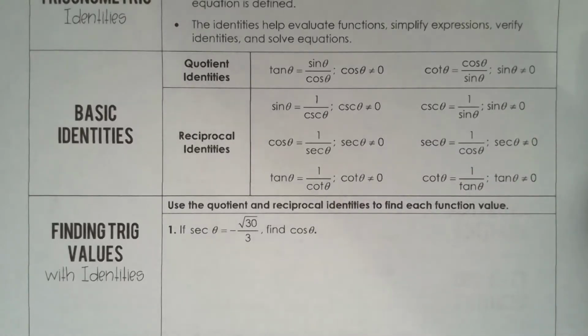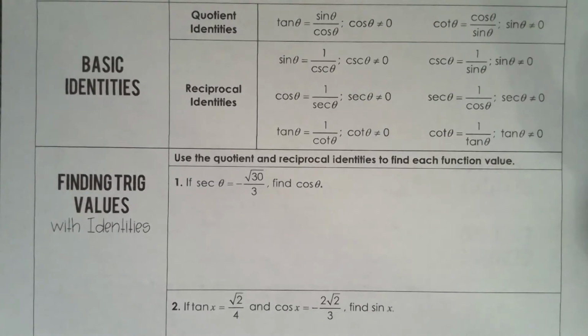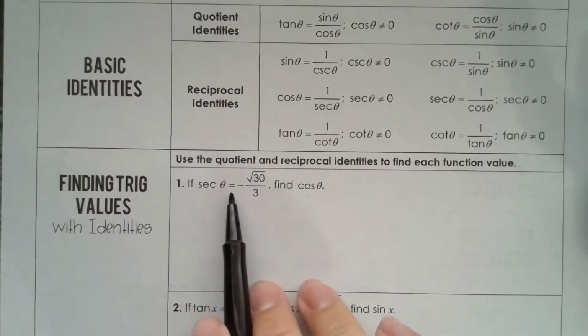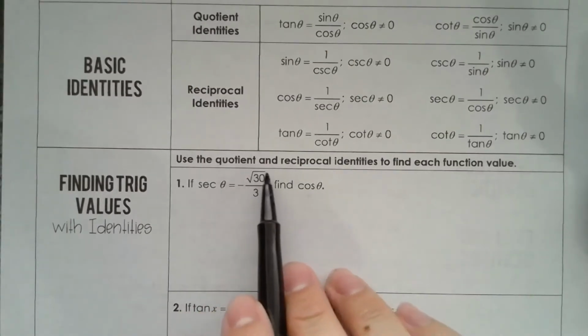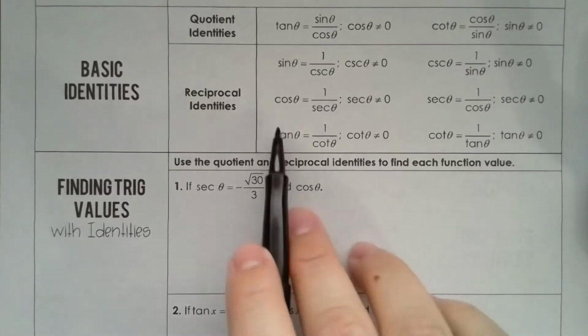So for example, this first one says use the quotient and reciprocal identities to find each function value. So if secant theta is equal to negative square root 30 over 3, find cosine theta. Cosine theta is equal to 1 over secant.